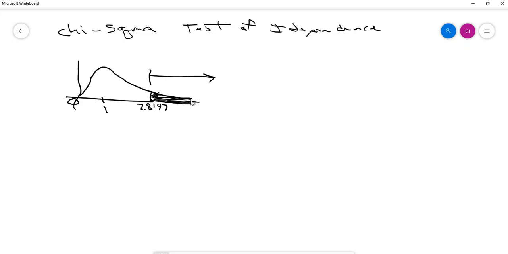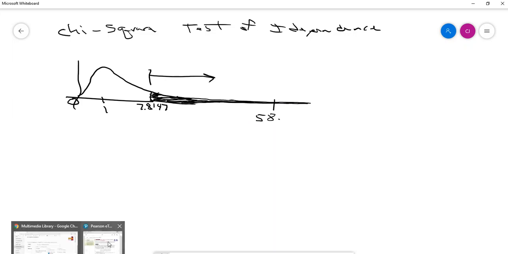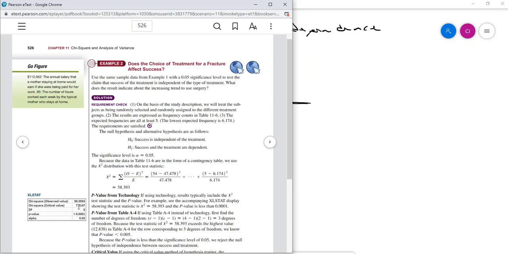Now, our test statistic, right? And again, it's way up there, right? Which was 58.39.